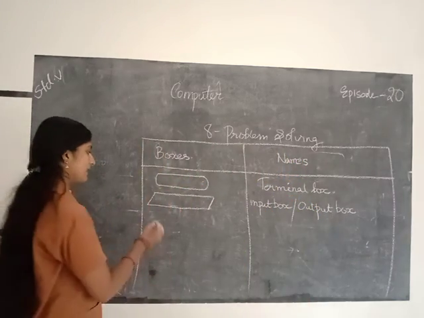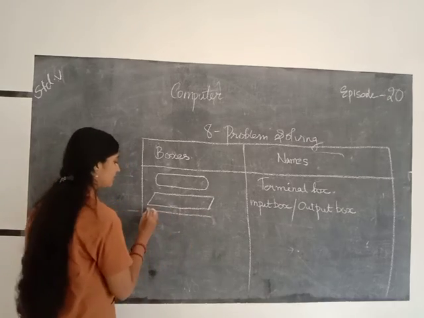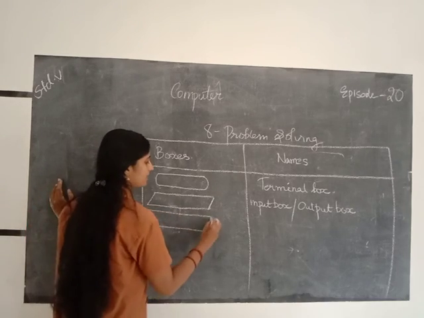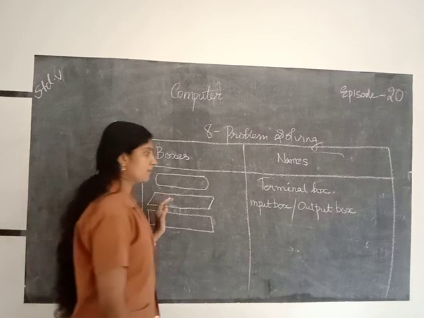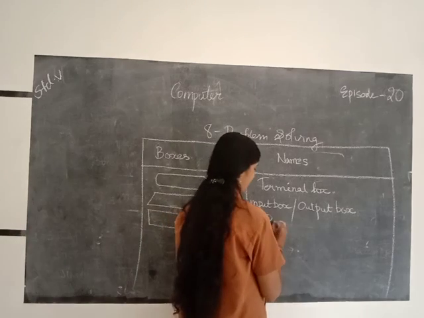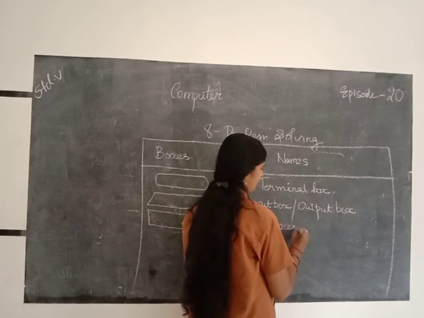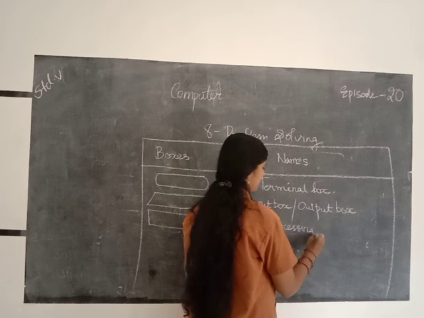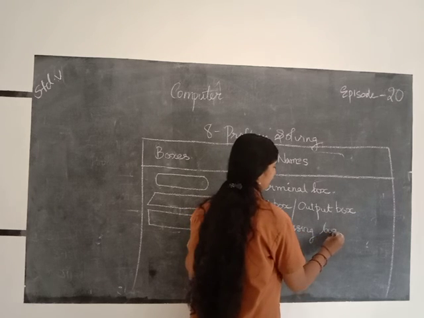Then next is a rectangular box, which is known as processing box.